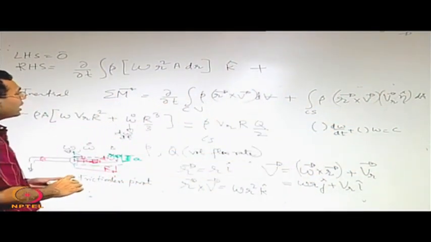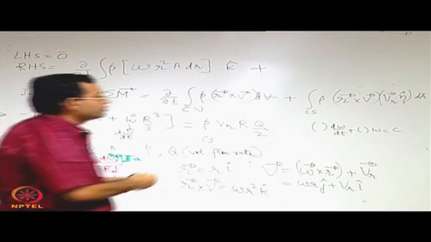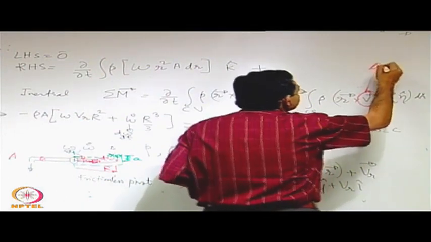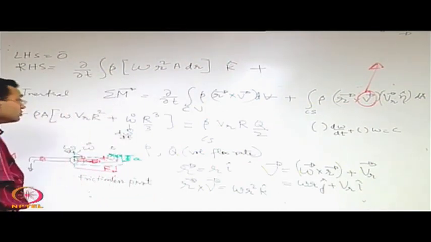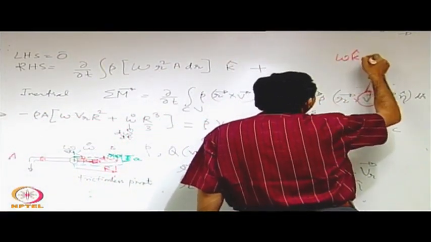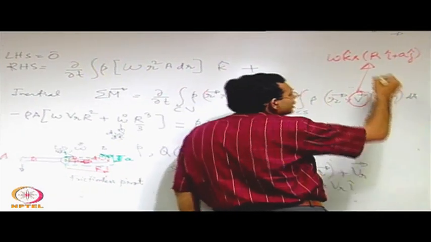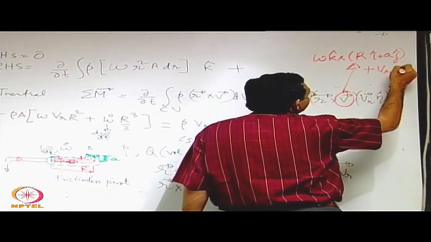So when you write the next term, what should you substitute for this V? Remember this V has to be the inertial reference frame V. So what is that? Omega k cross with capital R i plus a j, plus Vr j.